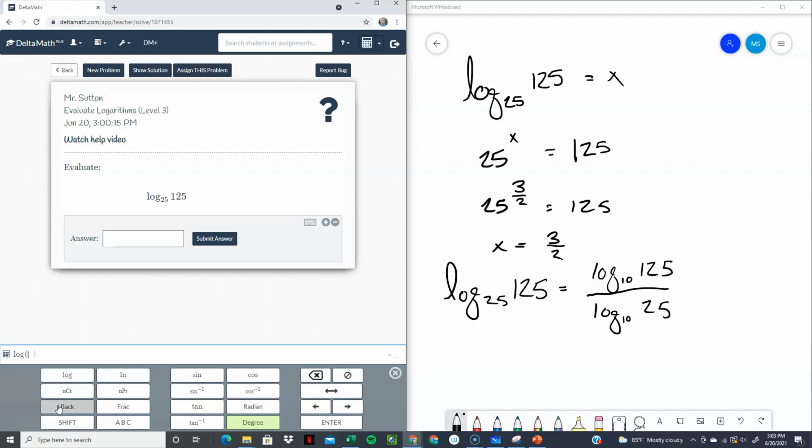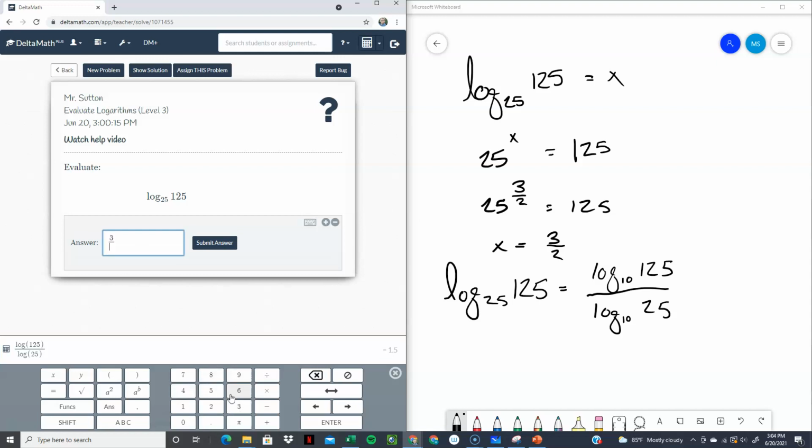So log of 125 divided by log of 25. Yeah, and 1.5, which is the same thing as 3/2.